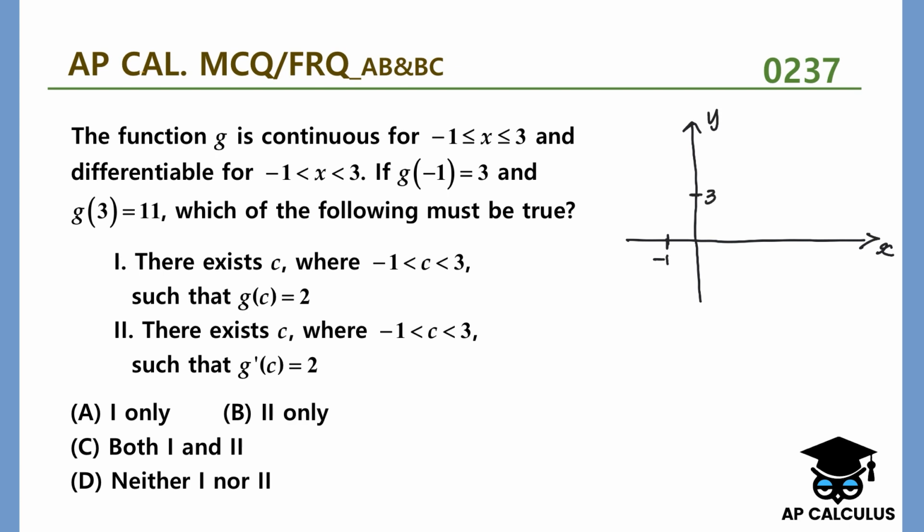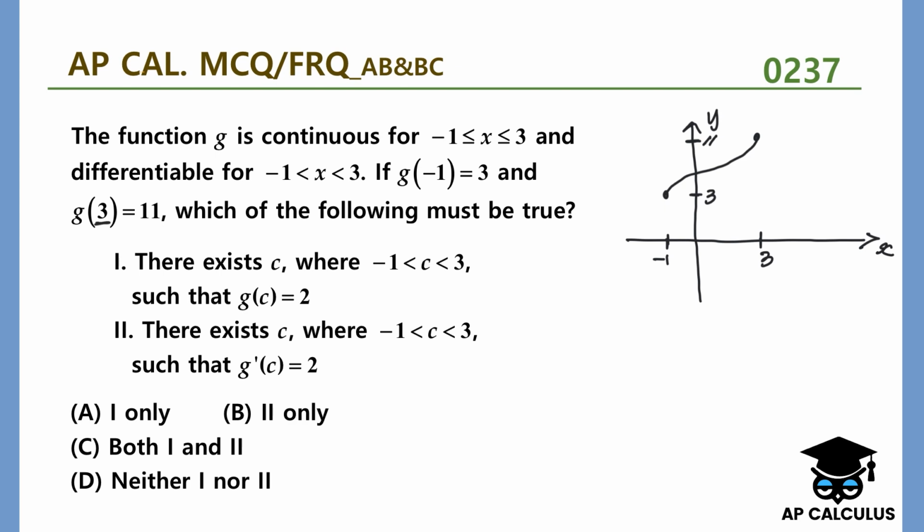So let's say here is a 3. And when x is a 3, y is 11, right? So when x is a 3, let's say here is 11. So we're just going to graph the function g roughly. We could have this graph, right? Function g is continuous and differentiable.